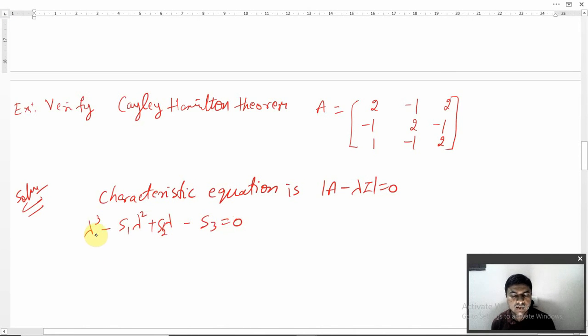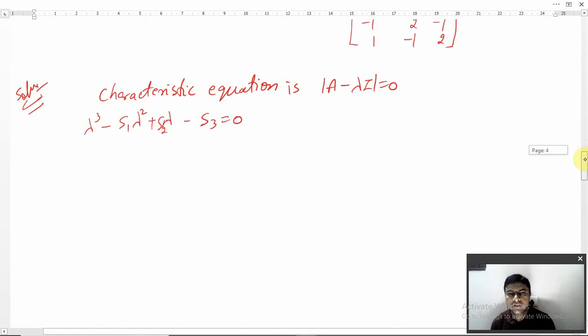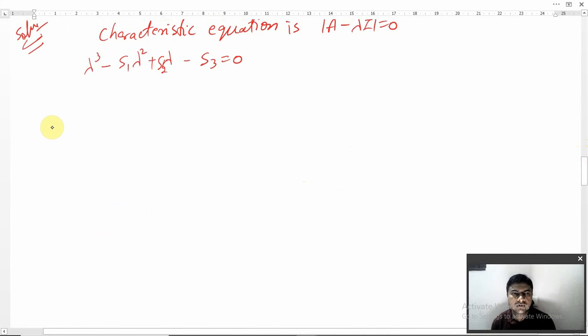So this is plus minus plus minus, you are going to get, this will be lambda cube minus S1 lambda square plus S2 lambda minus S3 is equal to 0. You can just see this is for 3 cross 3 matrix. You have to remember this formula. Please remember this, students.